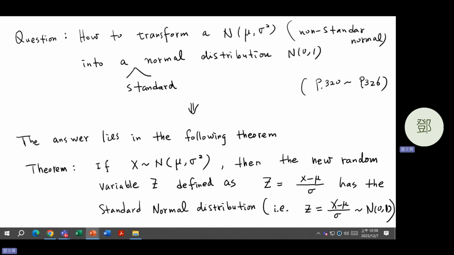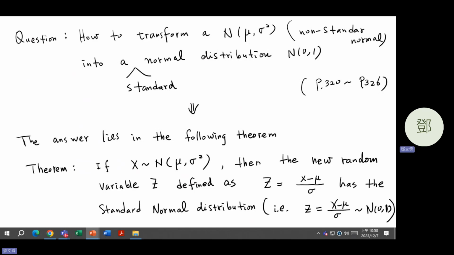And note that here, suppose X is normal with the first parameter mu and a second parameter sigma square, okay? Then let us define a new random variable, X minus mu, and then divided by the standard deviation, sigma. This is a random variable.